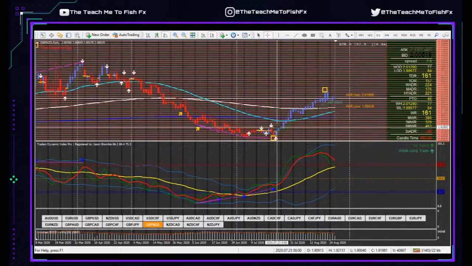Take it to the next exhaustion square, and you're talking over 1,000 pips, 1,012 pips. GBP NZD is one of those pairs that you want to trade this system on the daily. Again, this will work on any pair, on the daily.